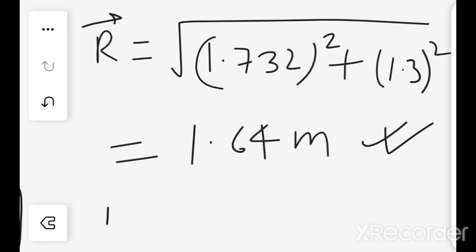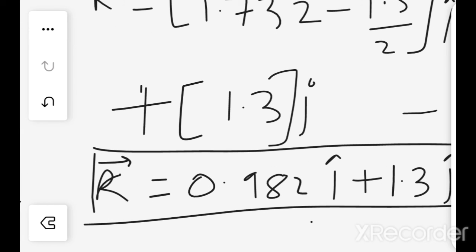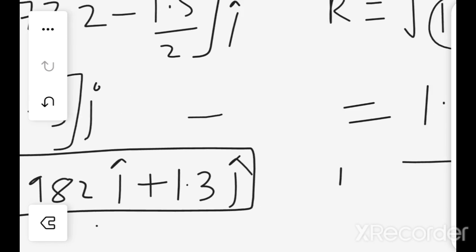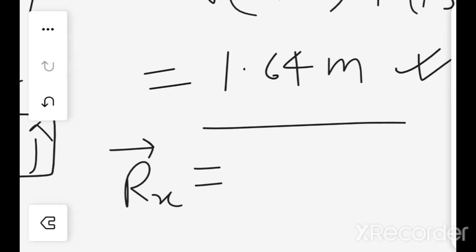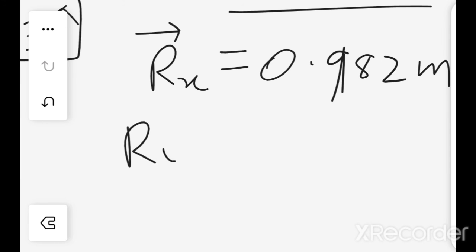We have already calculated that. So if you go here in the resultant vector, this first component along the i direction represents the x component and the component along the j direction represents the y component. Okay, the x component of the resultant is 0.982 meter. Okay, the y component of the resultant vector is 1.3 meters.